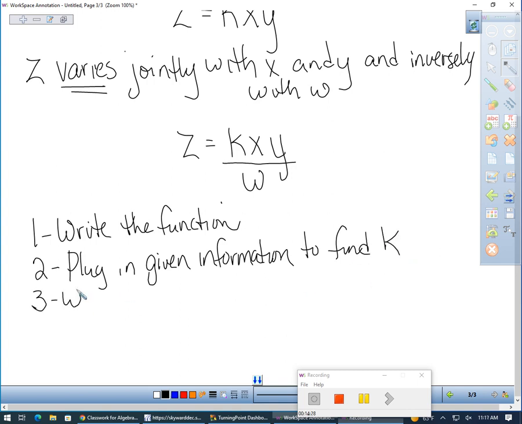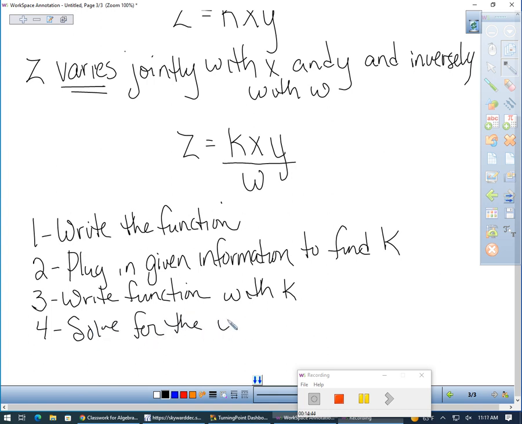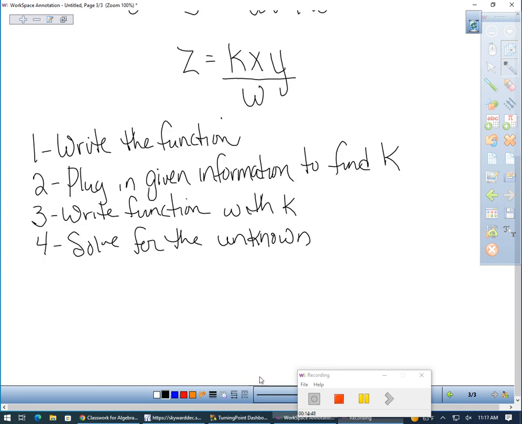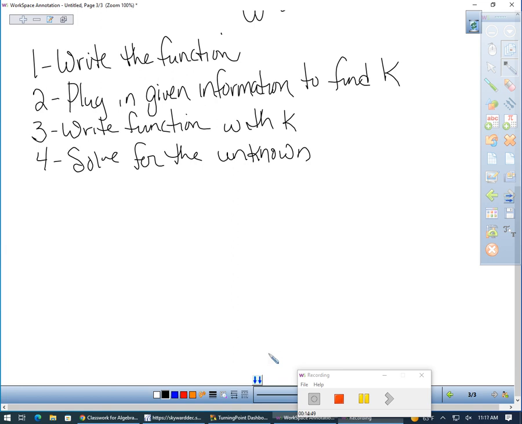Step 3, write function with k. And step 4, solve for the unknown. All right, so we did these with direct variation. I want to show you how they're going to work if we have a jointly thing going on. So in example number 3, we're going to jump down to 26 through 28.